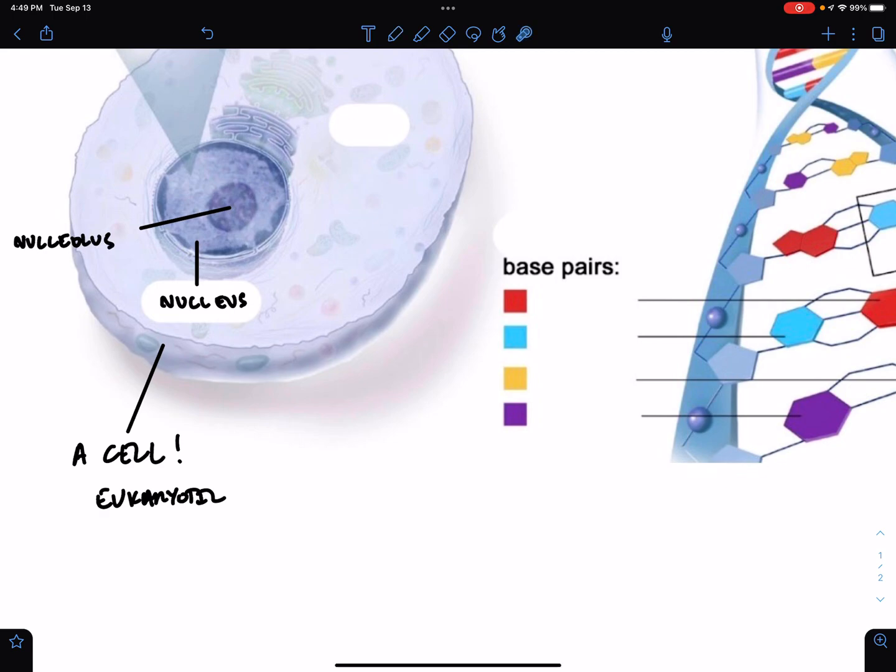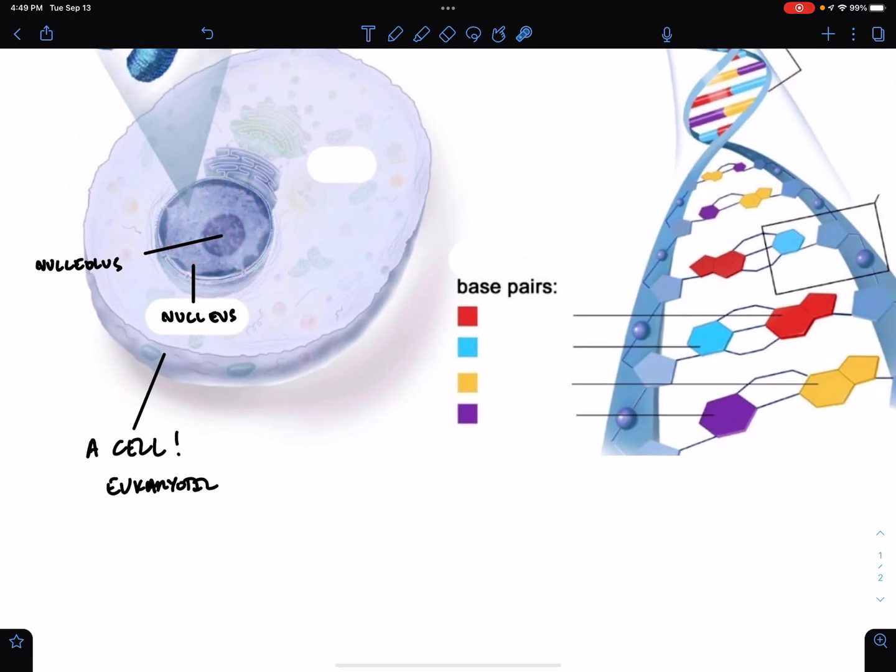These are two structures that we talked about in class the other day. The nucleus is holding the DNA. The nucleolus is the site of ribosome synthesis inside of the nucleus, and it's denser and often darker. It kind of looks like the yolk of an egg.